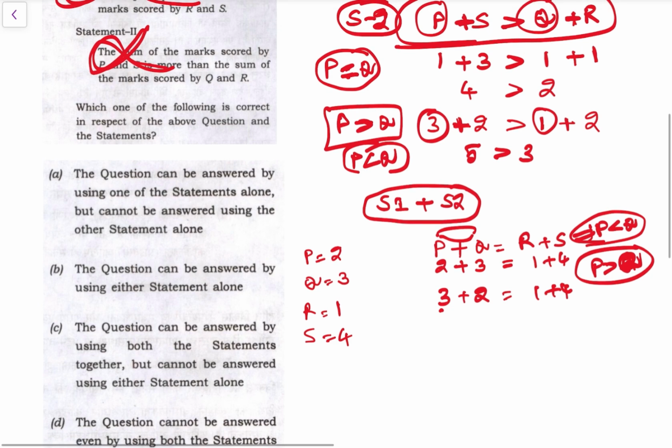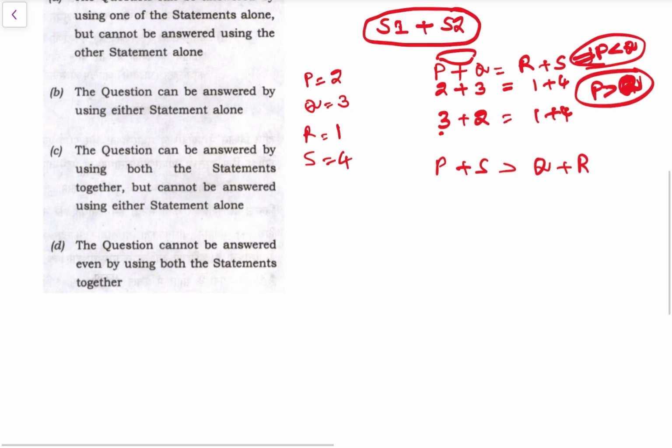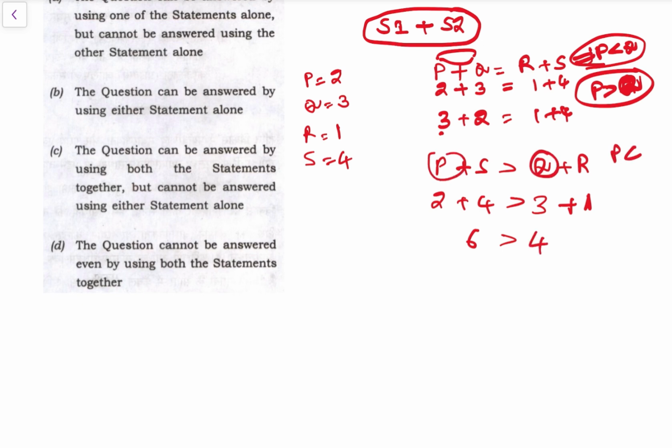Now let's check with P plus S greater than Q plus R. So P is 2 plus S is 4, greater than Q is 3 plus R is 1. So this is 6 greater than 4. So here P is less than Q.